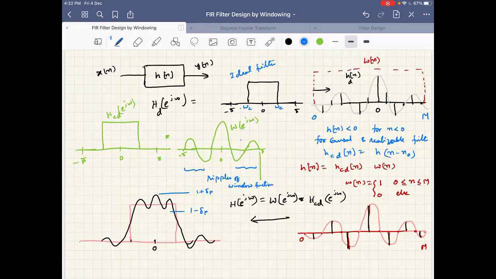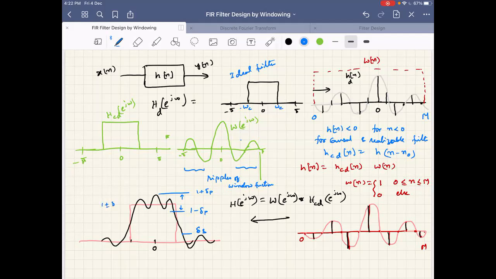Okay, and these are the stop band ripples, which also come because of the ripples of the window function, delta s. So the attenuation we ideally wish to have is 1 plus or minus delta p in the pass band.